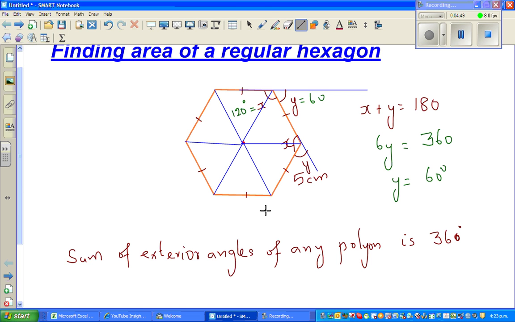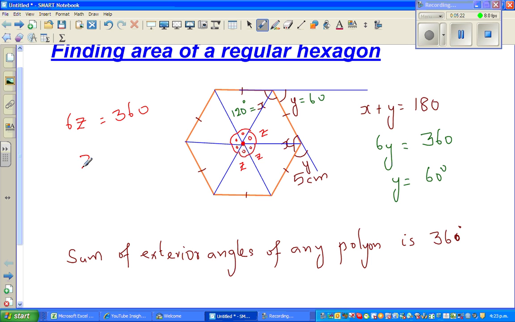We want to see what type of triangle this is. Can you understand that angles at a point add to 360? So each of these angles is equal. I'm going very slowly so that you understand. Let us say this is Z, this will also be Z, this will also be Z. So can I say 6Z is equal to 360?